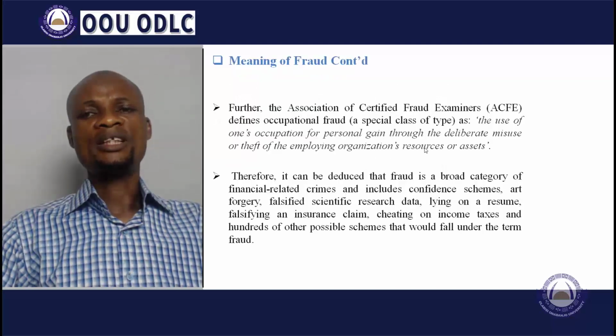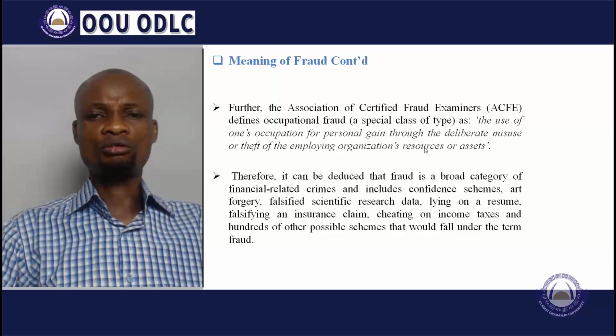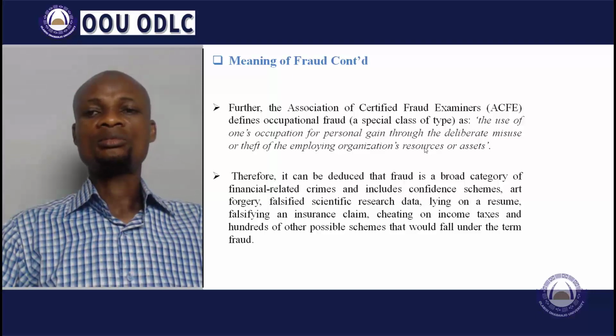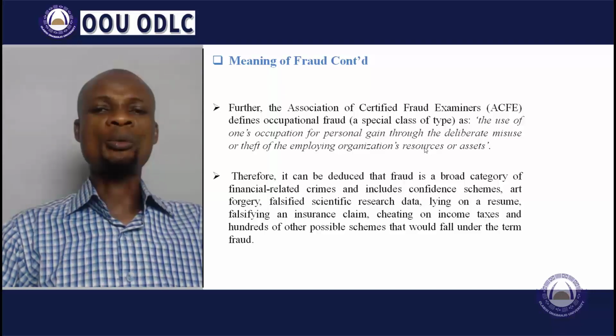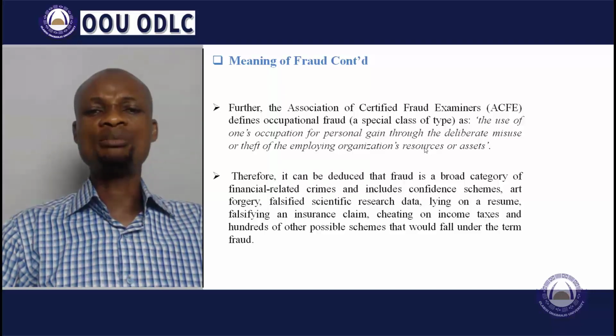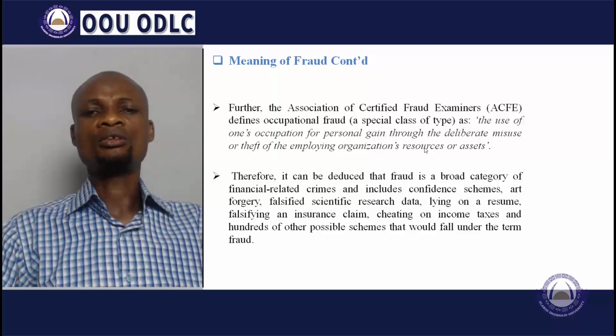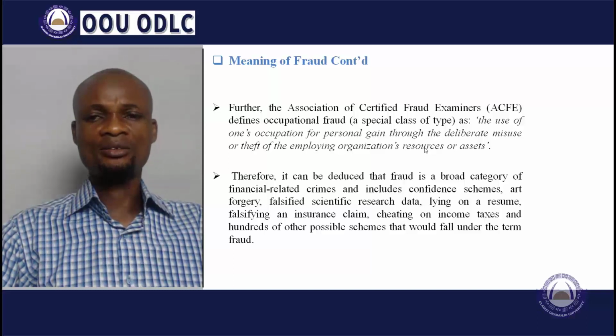Also, the ACFE defines occupational fraud as a special class of fraud, as the use of one's occupation for personal gain through the deliberate misuse or theft of the employing organization's resources or assets.